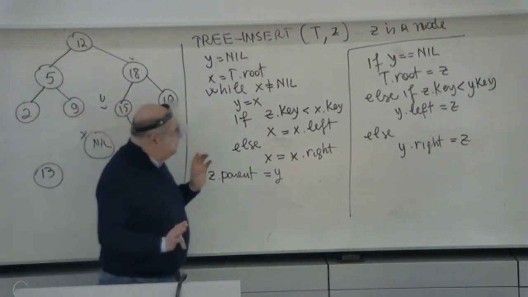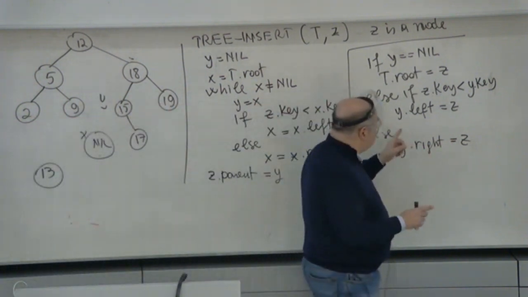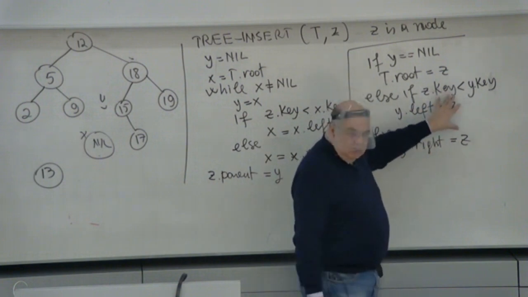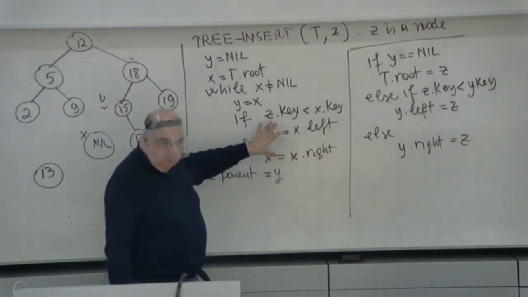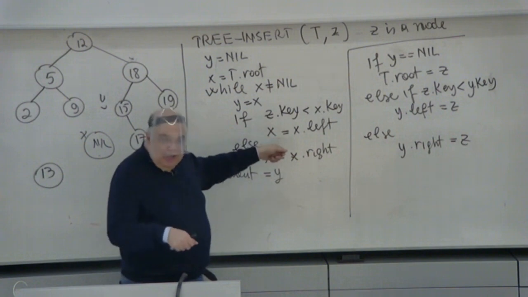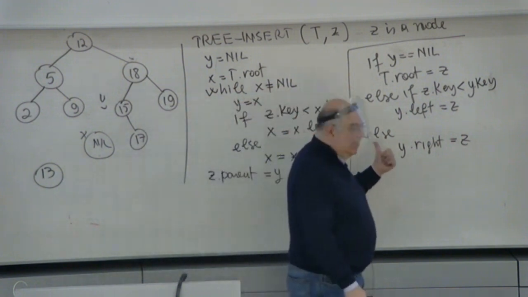And then you are left with 13. And to know where to go, either to the right or to the left, you do the same comparison. This comparison actually has already been done here. It was the last comparison that you did here. But since you have destroyed X, you cannot use this comparison anymore.